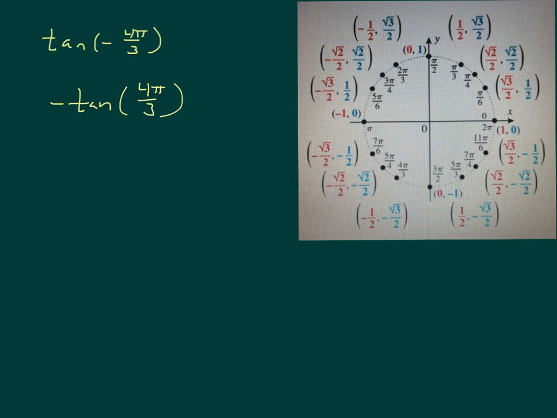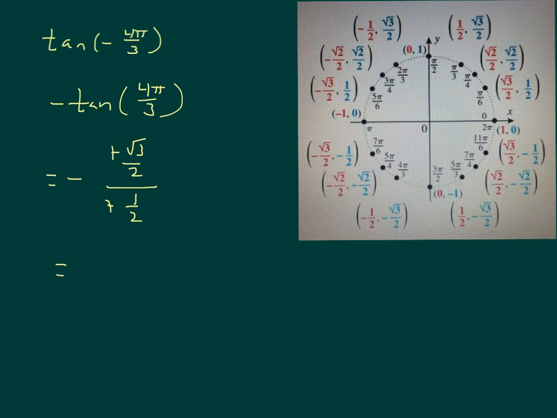And so I know that this is going to be equal to negative, the negative out in front there. And then it's going to be the y-coordinate, which is negative square root 3 over 2, all over a negative 1/2. Now we just have to simplify it. The first thing I want you to do is notice you do have here those two negative signs. And so those two will cancel each other out. So that'll make that a positive and positive.